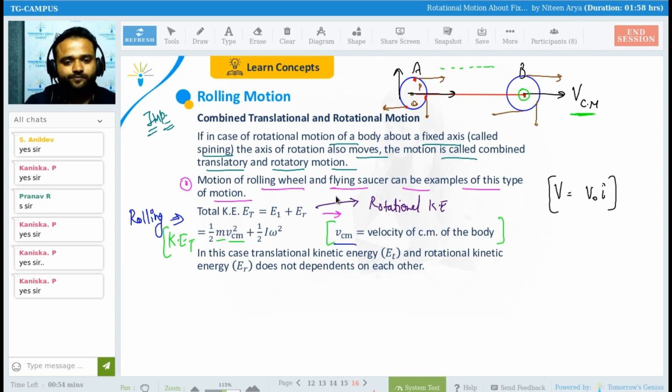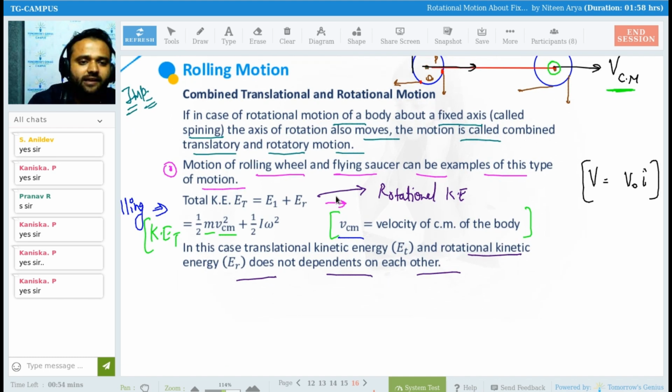So in this case, translational energy E_T and rotational energy E_R do not depend on each other. Obviously, they do not depend on each other, because in one sense we talk about the translational energy in rolling, and in another sense we talk about the rotational energy in rolling. But everything we are seeing in rolling.